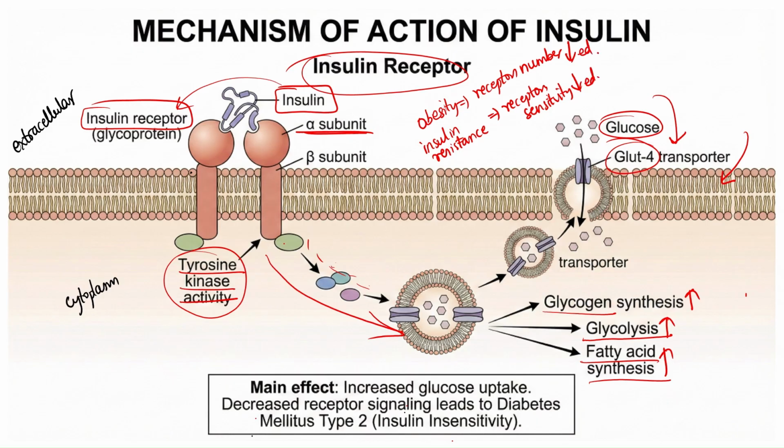So in type 2 diabetes mellitus, when the insulin signaling fails, either through fewer receptors or weakened internal messages, like decreased sensitivity, it results in insulin insensitivity, which is the hallmark of type 2 diabetes mellitus. So this is the mechanism of action of insulin through the insulin receptors. What will happen if the receptor number is decreased, and what will happen if the sensitivity is decreased? Ultimately it leads to type 2 diabetes mellitus.